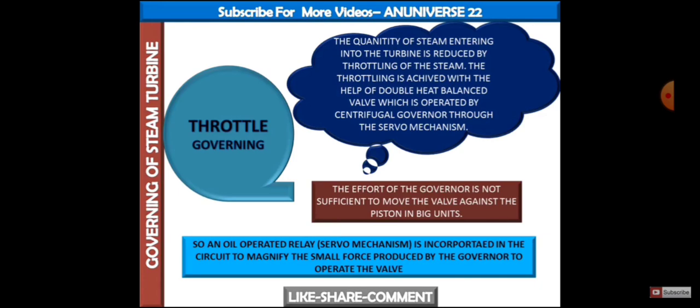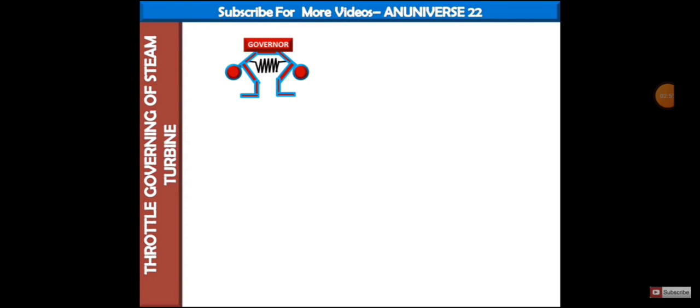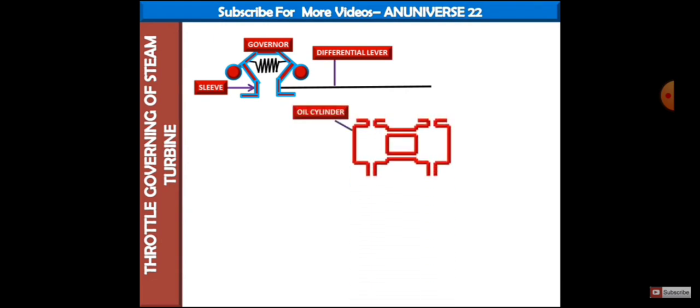Now we will discuss the main components of throttle governing and how it works. This is the centrifugal governor, and these are the fly balls. It has a sleeve and spring. This is the differential lever. These are the oil cylinder and servo motor cylinder.